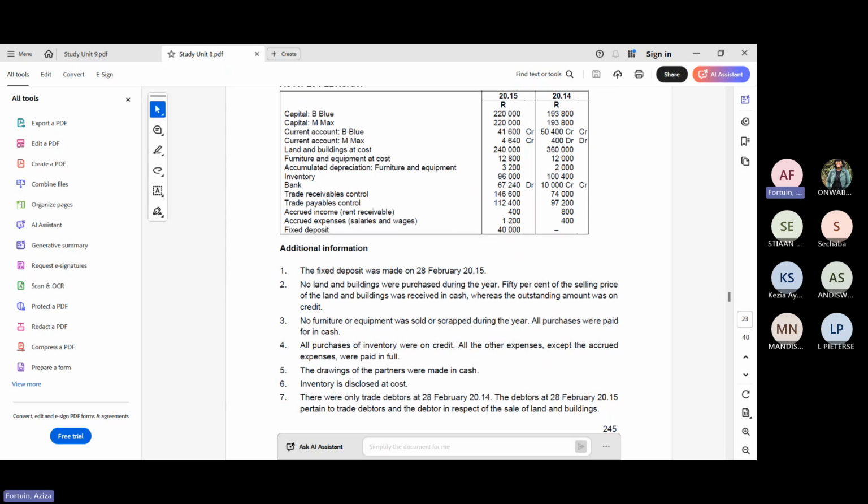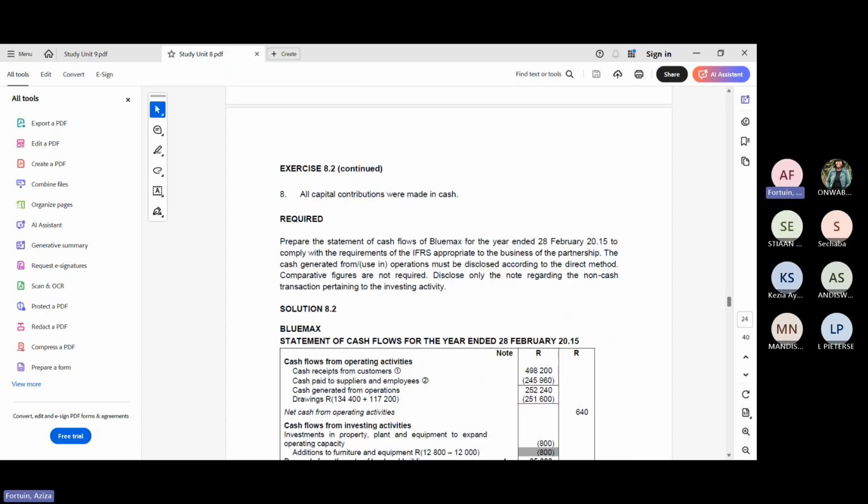Were you able to do the T accounts now and get to that answer? Mandisa, where's Mandisa gone? Mandisa, were you able to get to that answer that we got, shown in the book here, with your T account?